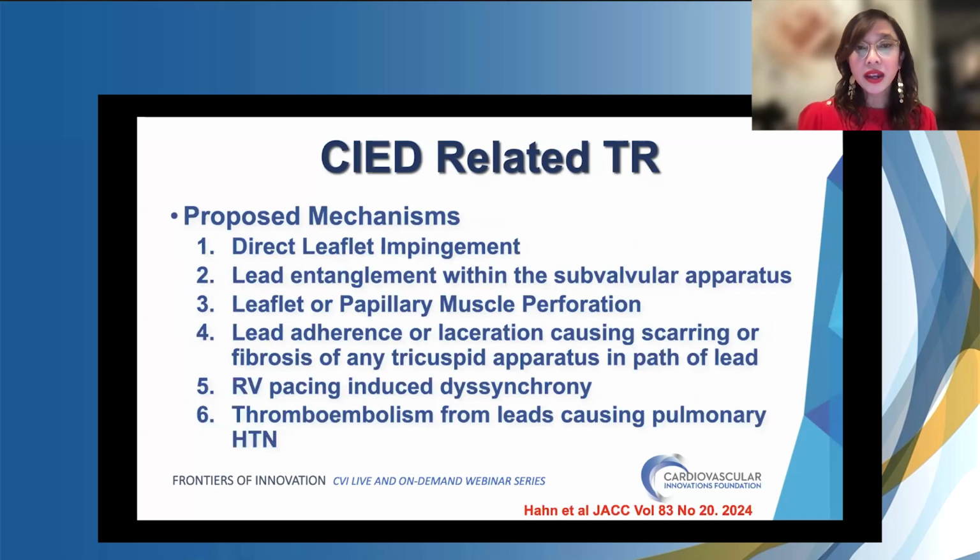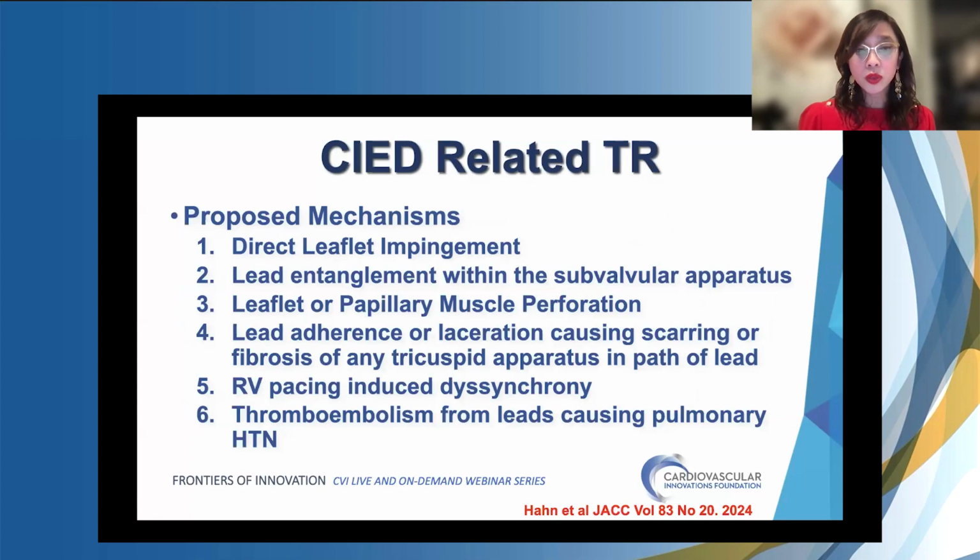And the proposed mechanism for CIED-related TR is actually there's 6 types. So one, you have a direct leaflet impingement. The second one, you have a leaflet, the lead entanglement within the subvalvular apparatus. The third one, you have a perforation through the leaflet or the papillary muscle.